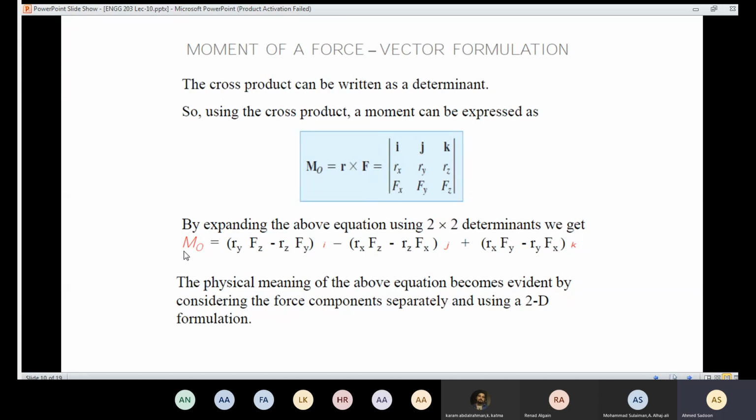And if you solve this one, as I explained previously, we are going to find that the M vector equals Ry Fz minus Rz Fy, followed by the letter I, minus Rx Fz minus Rz Fx, followed by the letter J, plus Rx Fy minus Ry Fx, followed by the letter K. And like I said, that equation has been solved by using the scalar notation to make sure that we get the same answer here.